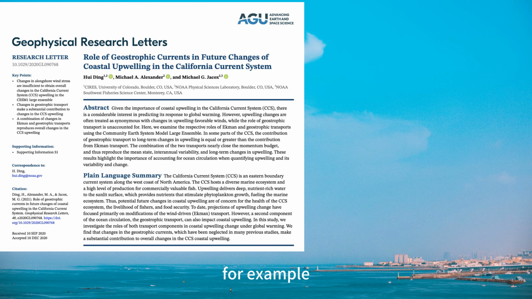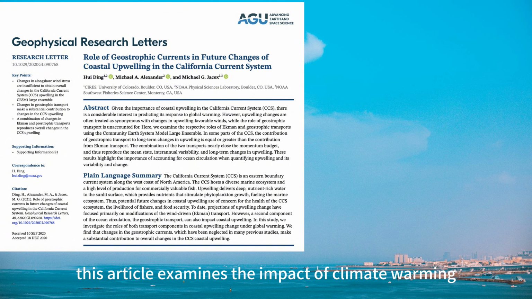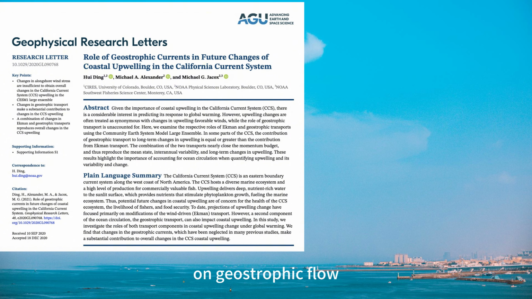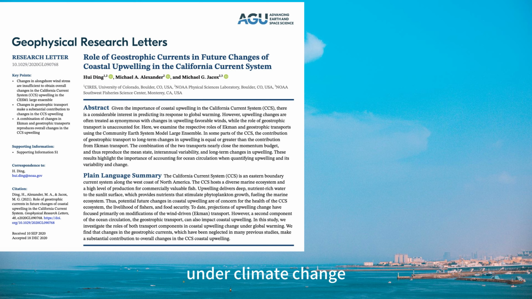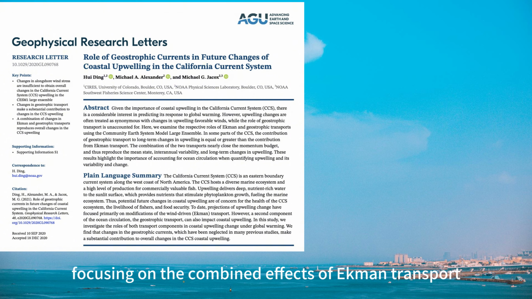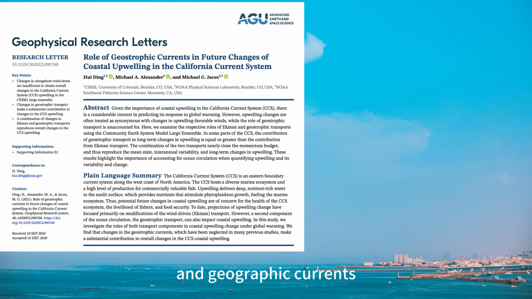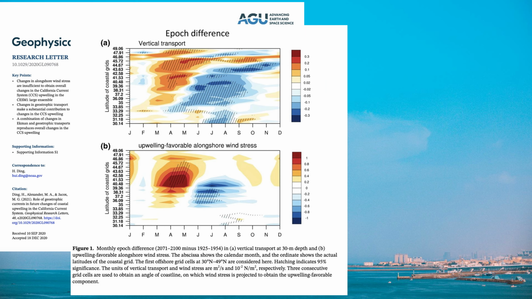For example, this article examines the impact of climate warming on geostrophic flow by exploring future changes in upwelling along the California current system under climate change, focusing on the combined effects of Ekman transport and geostrophic currents. Comparing future and historical simulation data, it highlights spatial temporal upwelling changes.